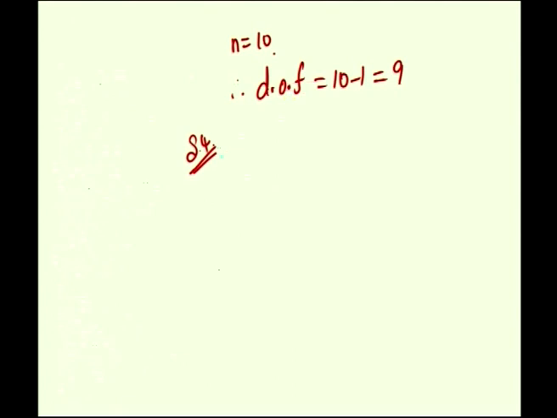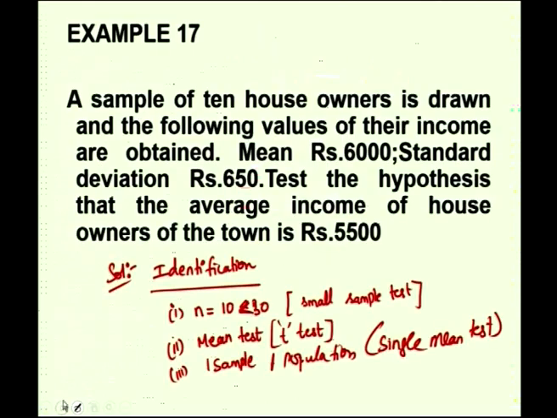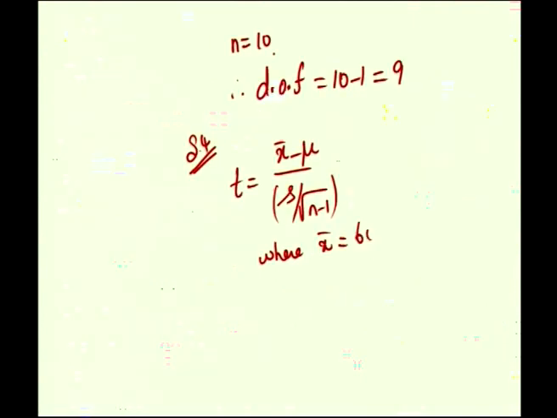Next, step 4 is computing the statistic T. Here all the values are given directly, so we use the first formula of T. T is equal to x bar minus mu divided by S divided by root of n minus 1. The x bar value given in the question is 6000 and standard deviation S is 650, n is equal to 10, mu is equal to 5500.